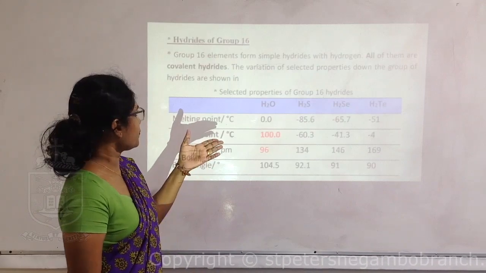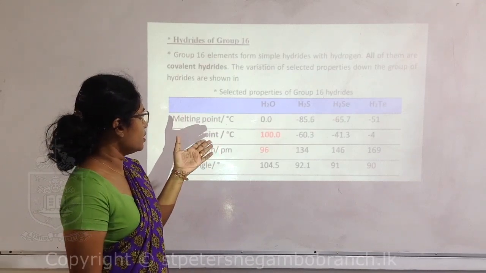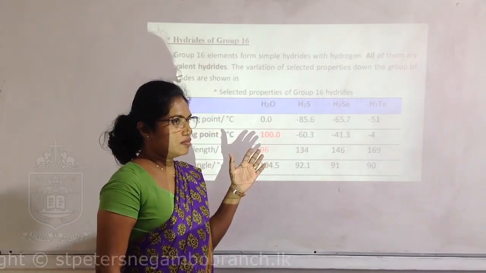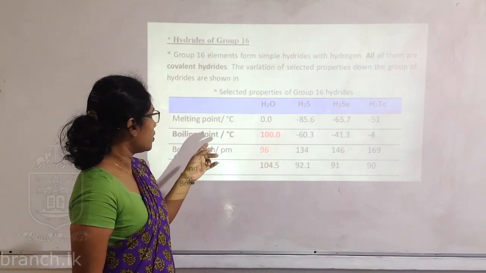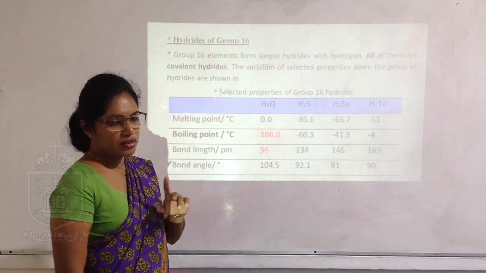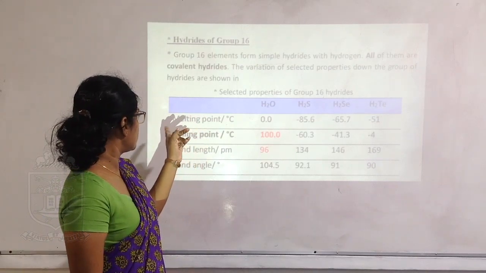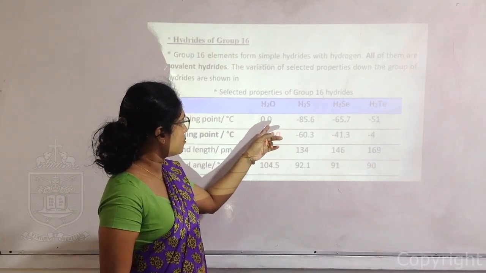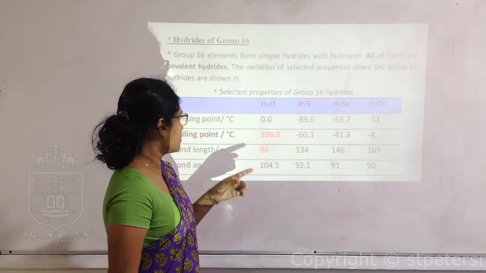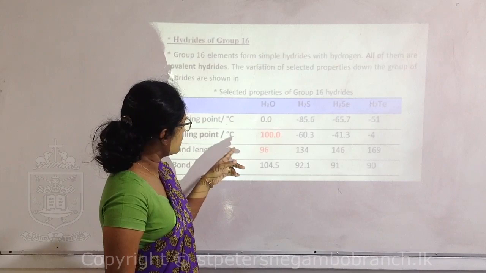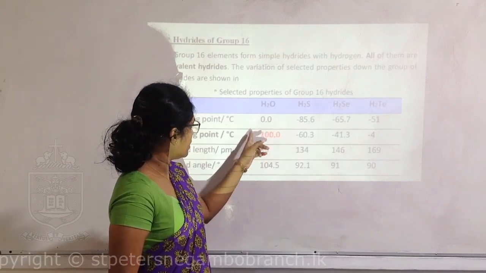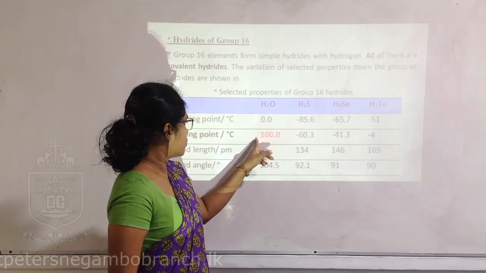So here there's a very significant thing. You can see the boiling point. If you take the melting point first, you can see the melting point here decreases, and for boiling point, there's a special thing in water.